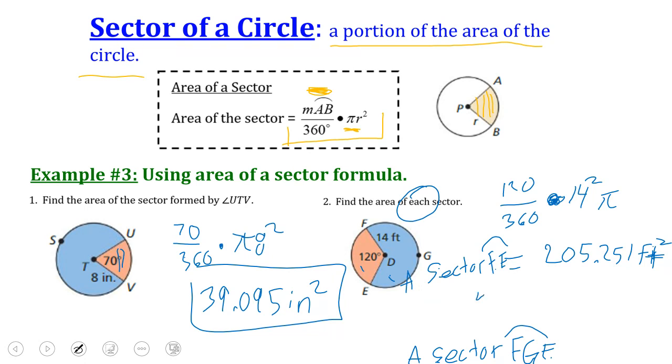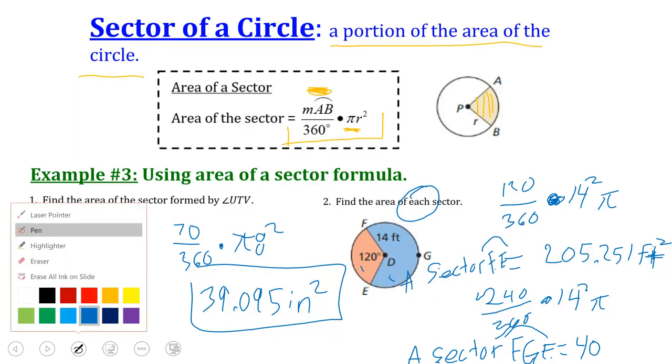And that would be what's left, 240 over 360 times 14 squared times pi. Wow, that's really sloppy. But like I said, you can go online, find a more clean version. 410. Oh my goodness. There we go.